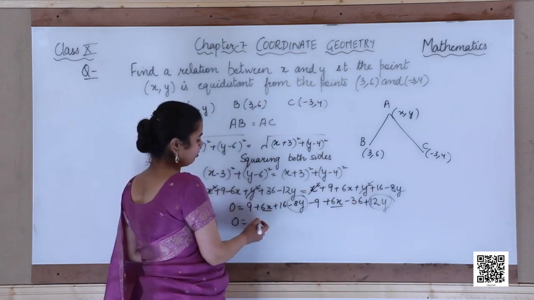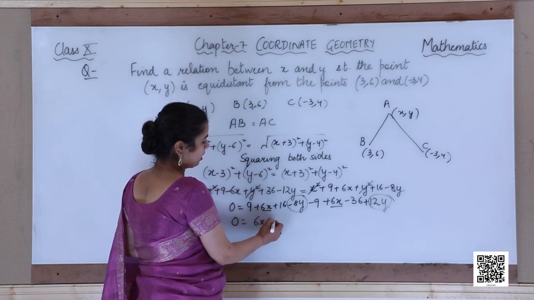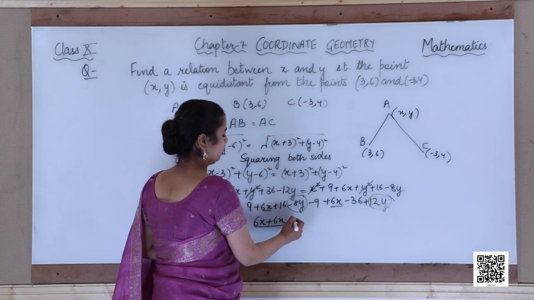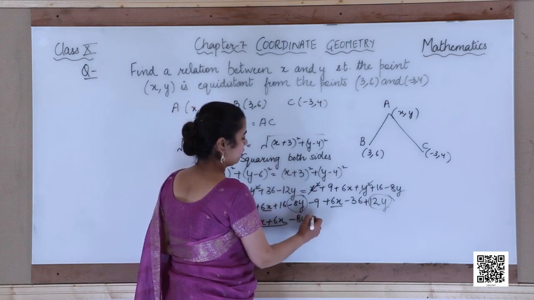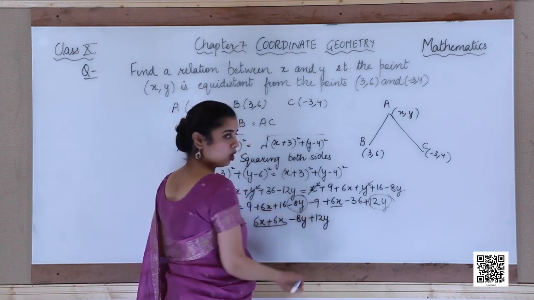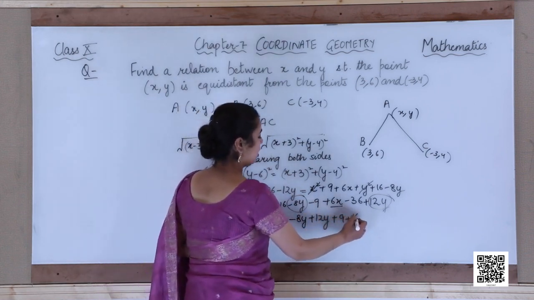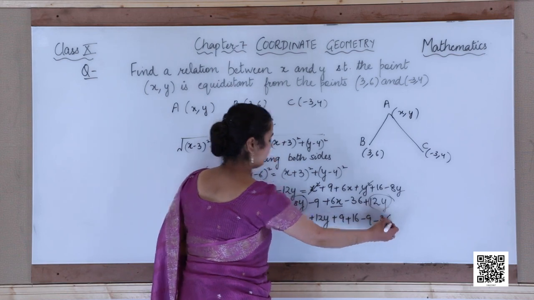Let us keep the like terms together, 6x + 6x. Now the terms with y together, -8y + 12y. Now the constants together: 9 + 16 - 9 - 36.